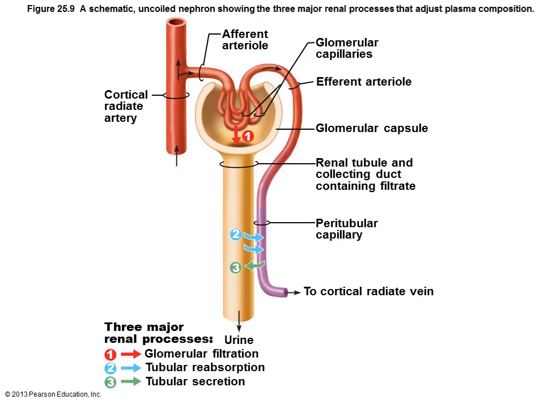Filtration produces a cell-free and protein-free filtrate. Tubular reabsorption normally selectively returns 99% of the substances from filtrate to blood in renal tubules and collecting ducts. And tubular secretion selectively moves substances from blood to filtrate in renal tubules and collecting ducts as well. The kidney filters the body's entire plasma volume almost 60 times each day, and this is very important.